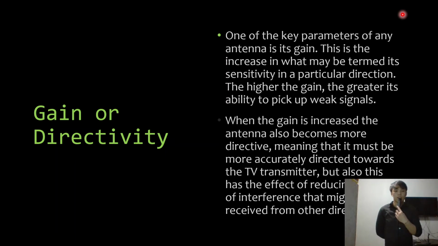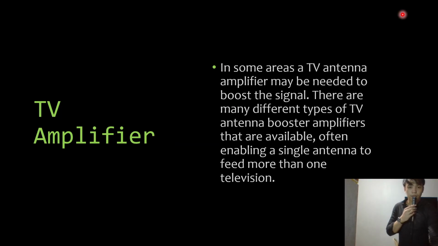When the gain is increased, the antenna also becomes more directive, meaning that it must be more accurately directed towards the TV transmitter. But this also has the effect of reducing the level of interference that might be received from other directions.